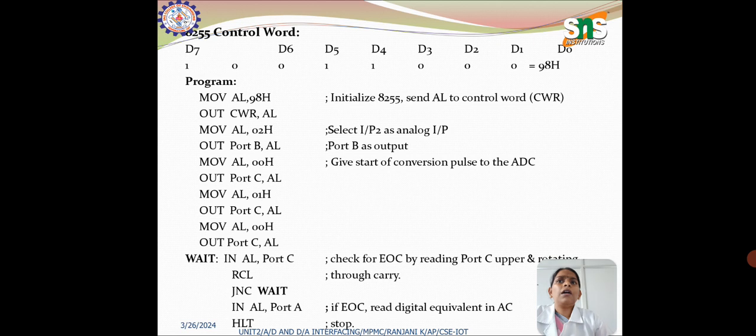ADCs available in the market use different conversion techniques, but the technique we use here is the successive approximation technique.